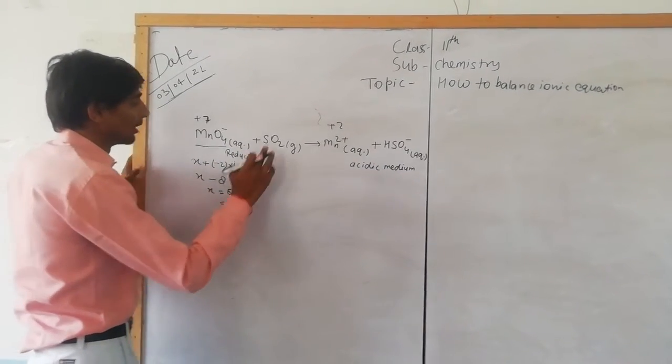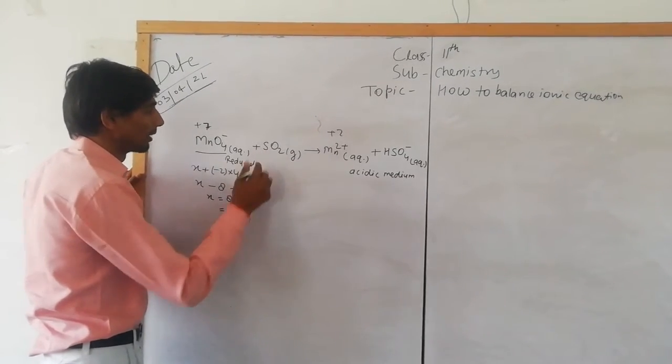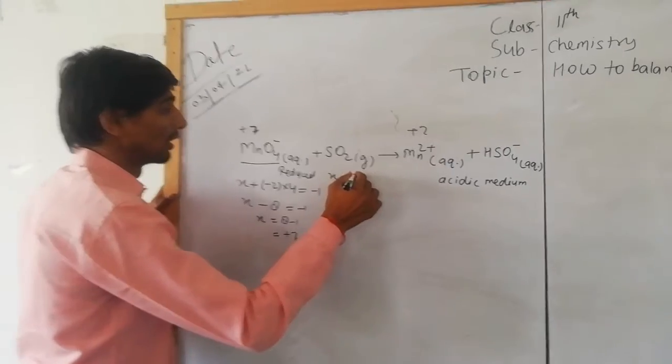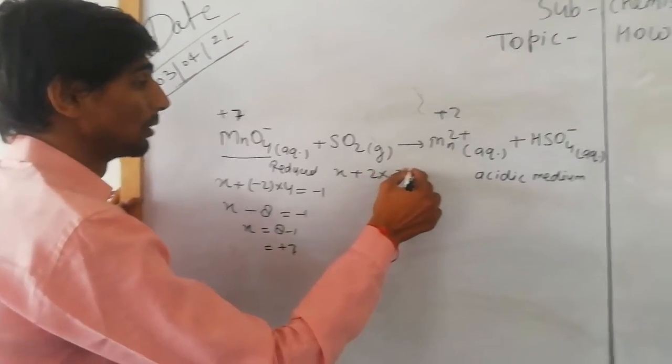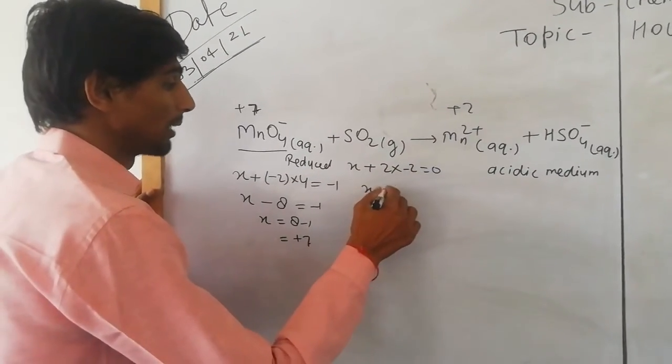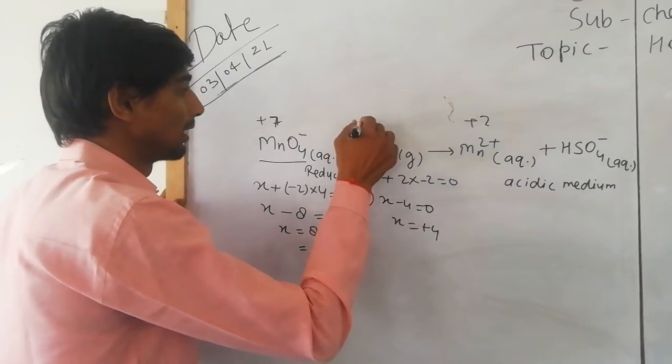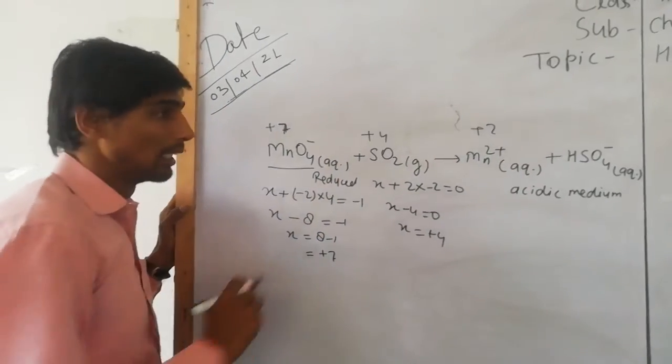Further, we have to find the oxidation number of sulfur. Let the oxidation number of sulfur be x, plus 2 times -2, equal to 0. X minus 4 is equal to 0, so x is equal to plus 4. The oxidation number of sulfur is plus 4.